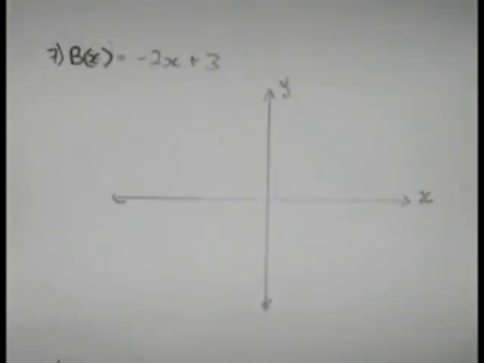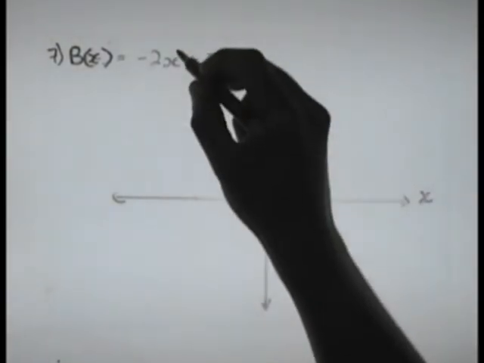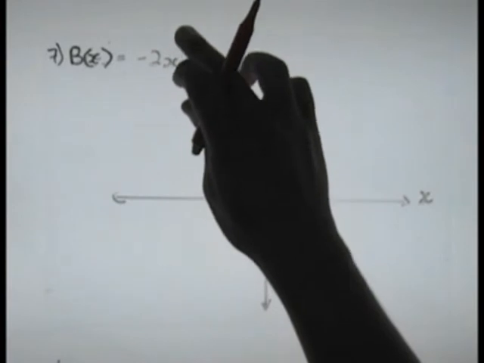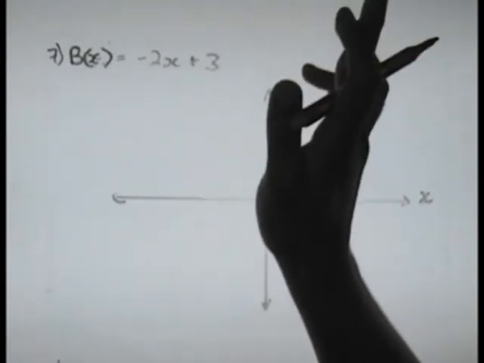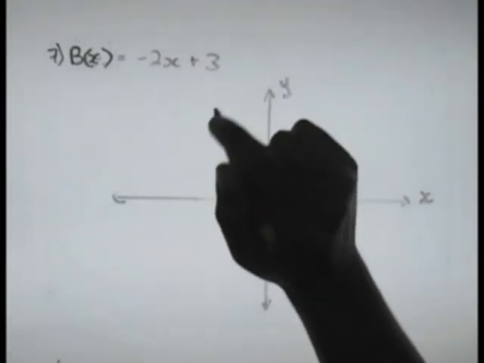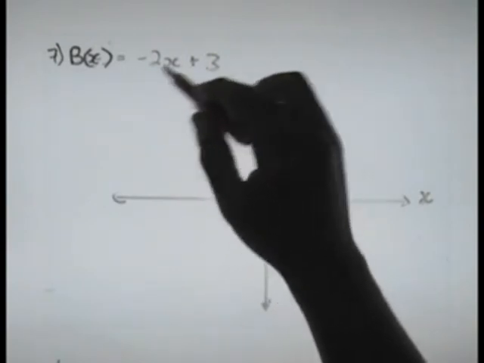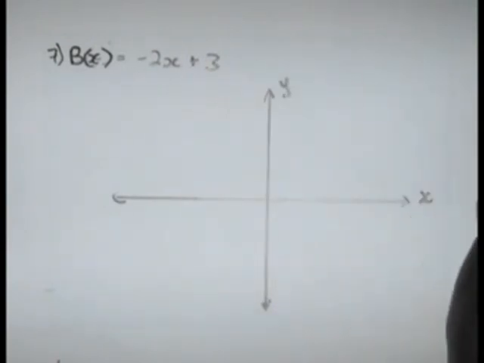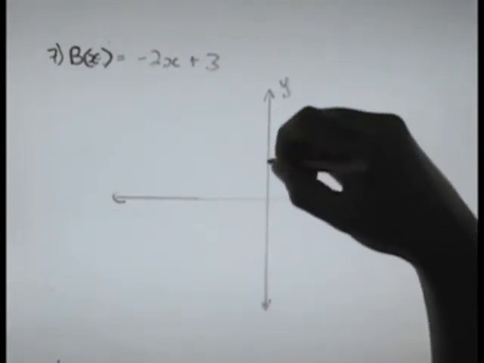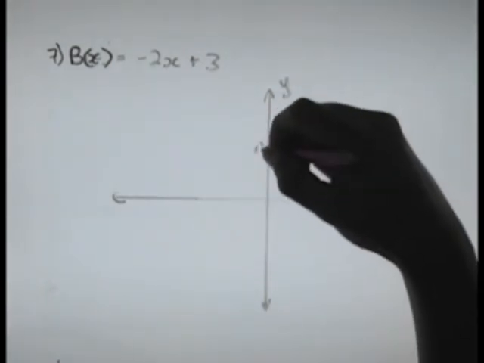Number 7, b of x is equal to negative 2x plus 3. Again, because it's x to the exponent 1, x is not part of the exponent, nor is it part of the fraction, this here is a straight line graph. Start off by saying when x is equal to 0, y is going to equal positive 3.